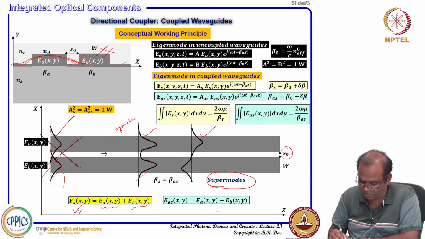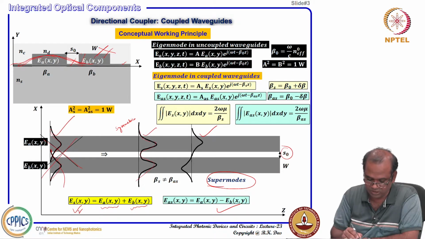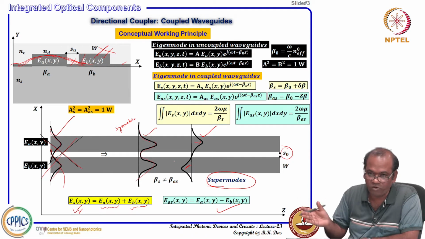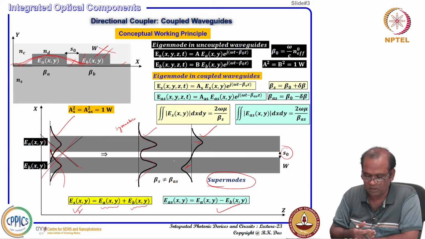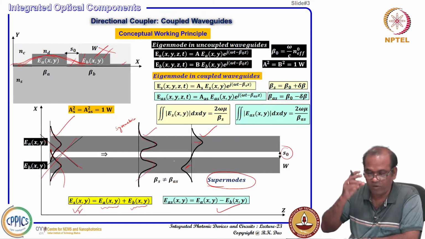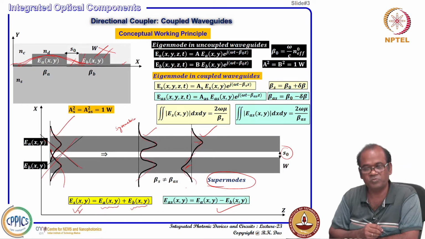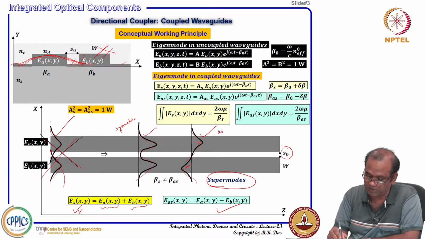But you can also imagine another type of superposition, that is subtracting. That means you see EA, EB, they are at different positions, but they will be oscillating back and forth all the time depending on time according to the frequency of the electromagnetic wave. So, their linear combination, plus and minus, will jointly give another type of super mode, and that will be called the asymmetric one.